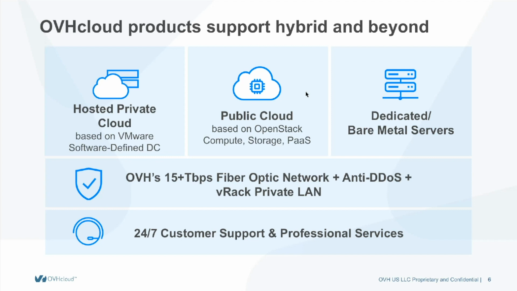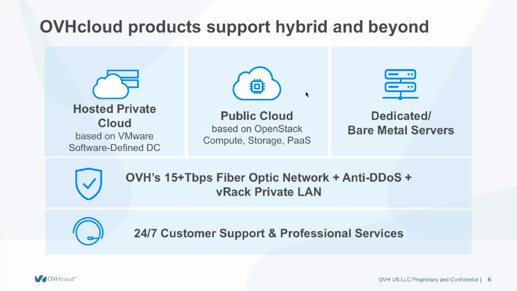Now, the interesting thing is that we've got these services in our data centers around the globe, but we can connect them together across the network that I mentioned that we own and operate. So we have a 15 terabit per second fiber optic network that terminates in all the data centers, and we give our customers access to this for intra-data center traffic. Now, that traffic could be replication traffic in the case of disaster recovery, which we're talking about today, or it could just simply be workload traffic.